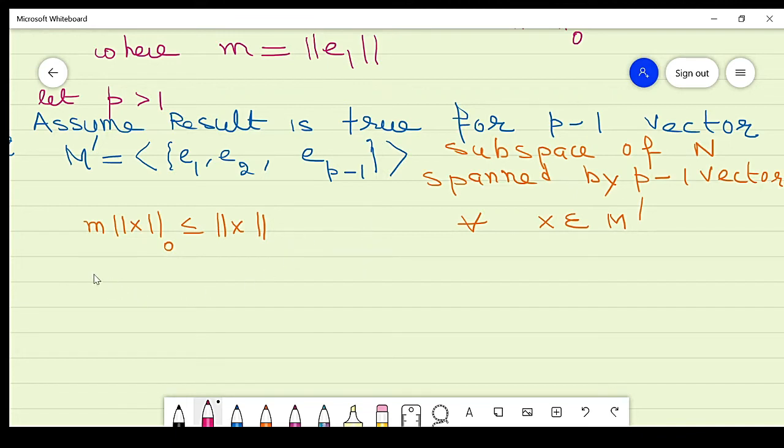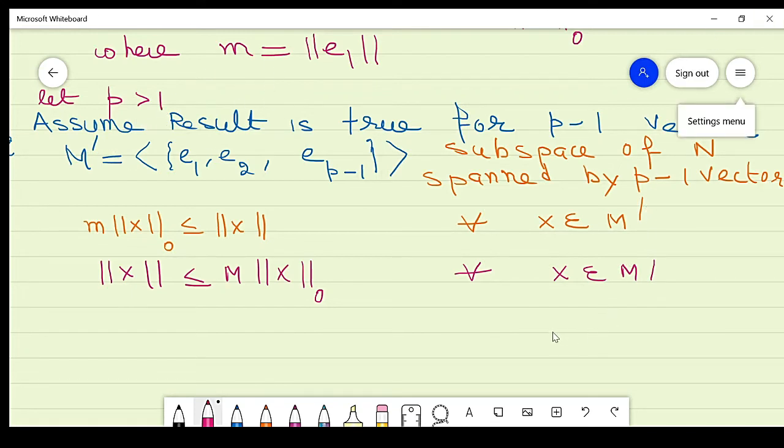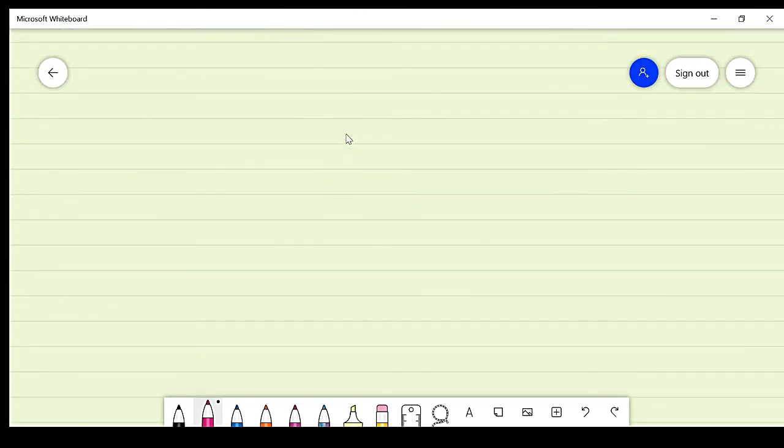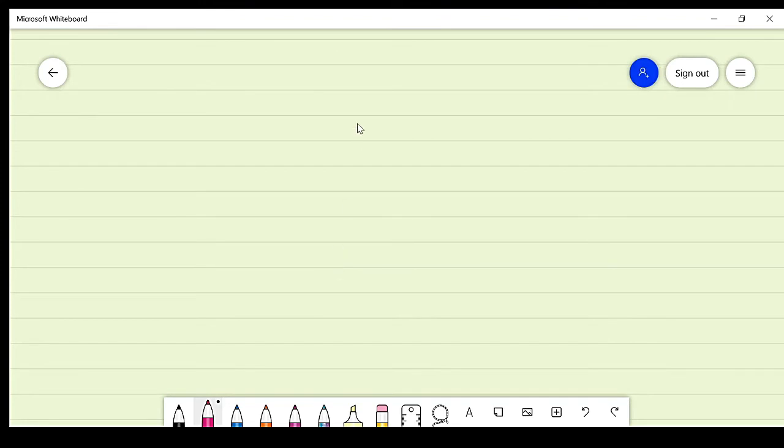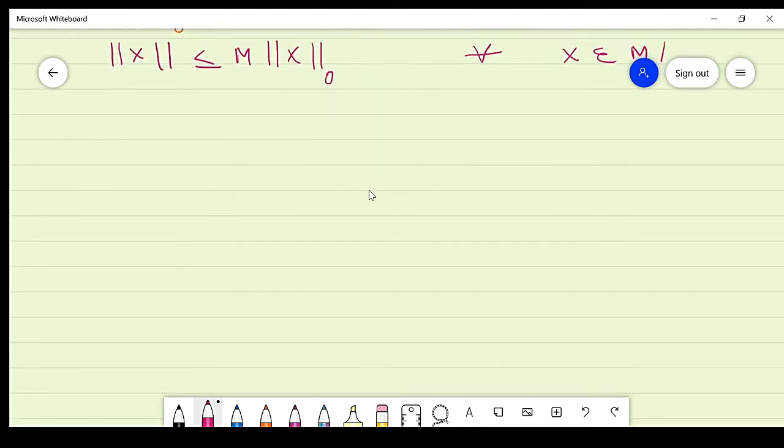That result is norm of x less than or equal to capital M into norm of x0. So it is also true for x belongs to M dash. Clear? So one is by using the induction, and second, we already proved the first part for N, so if it is proved for N, then it is also proved for M dash. Clear?